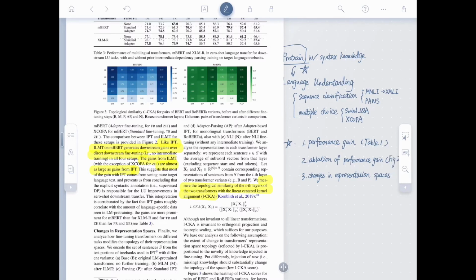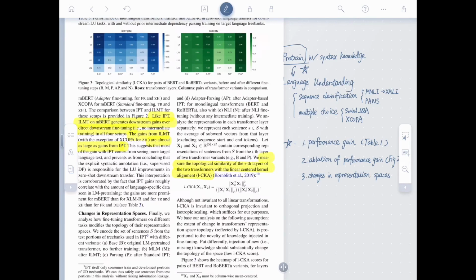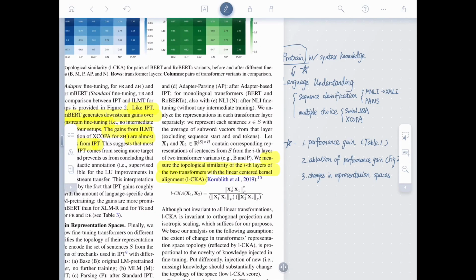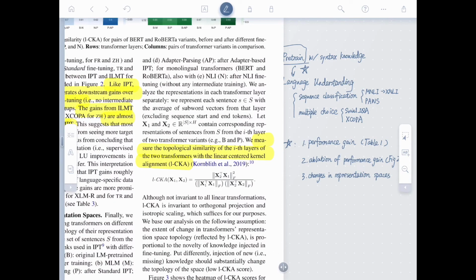The third experiment I want to talk about is the changes in representation spaces. They used a very interesting visualization technique called linear centered kernel alignment, LCKA. This computes how well the representations align with each other.